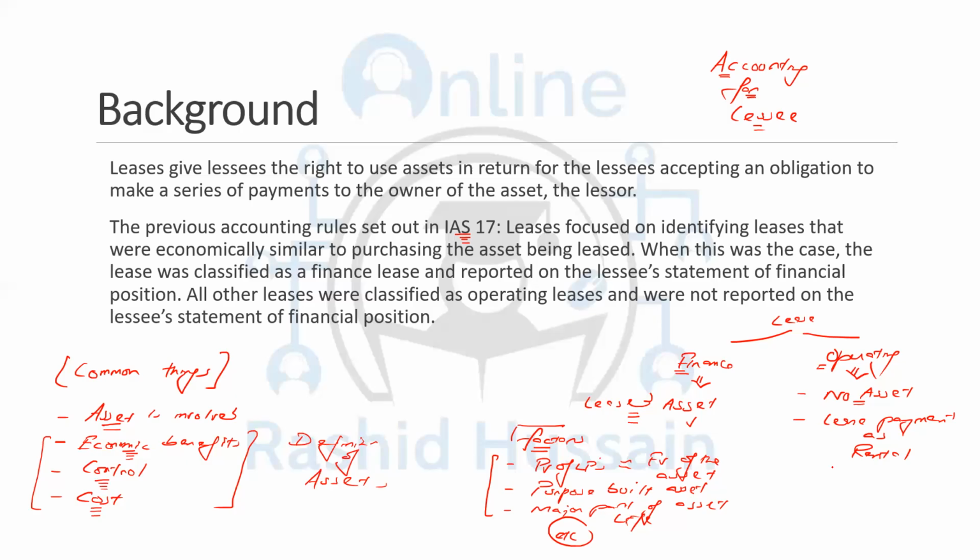In both of the leases, the control during the lease period belongs to the lessee. You can measure the cost of the lease payment as well. So the definition of the asset is being met. Why are you recording rental within the operating lease? So this treatment, they later realized, is not consistent with the definition of the asset and liability within the framework. So this treatment is now discontinued.